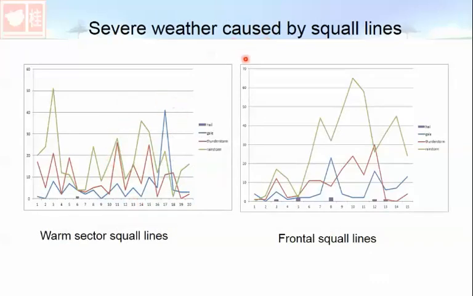Compare the disastrous weather caused by the two kinds of squall line. Warm sector squall lines cause more thunderstorm gales, and frontal squall lines bring about more hail.